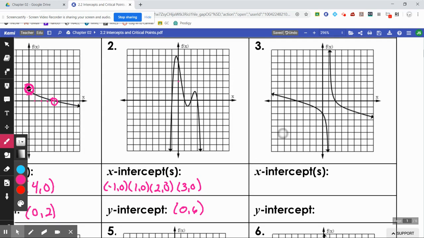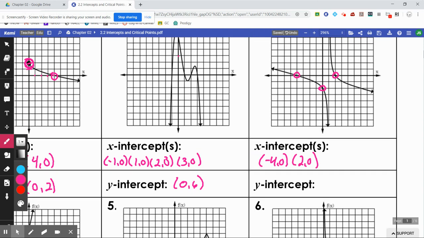Okay, the next one, x-intercepts, find your x-axis and see where your graph crosses. It crosses it twice at -4, 0, and it crosses also at 2, 0. My y-intercept would be right here where it crosses the y-axis, and that's going to be at 0, -2.